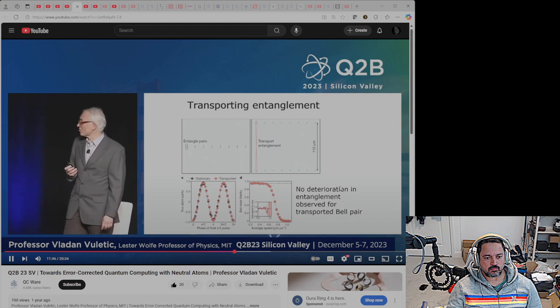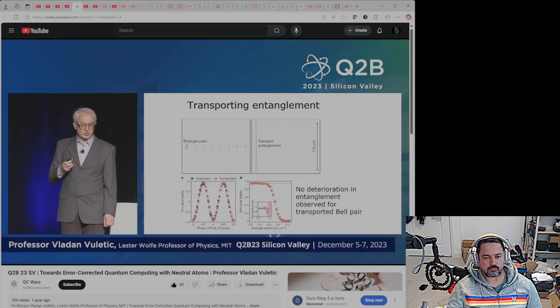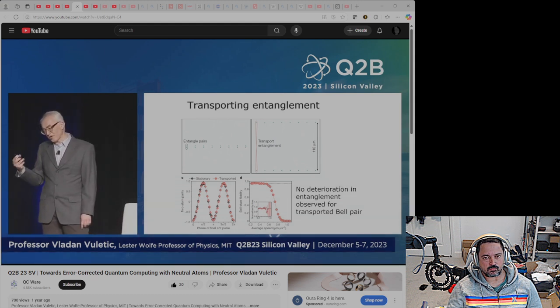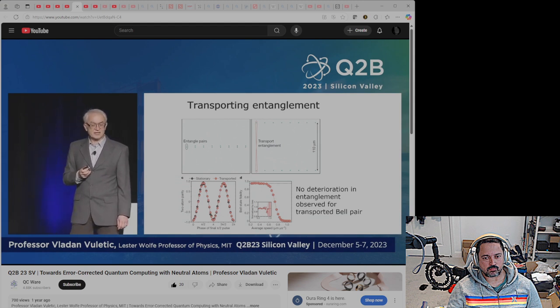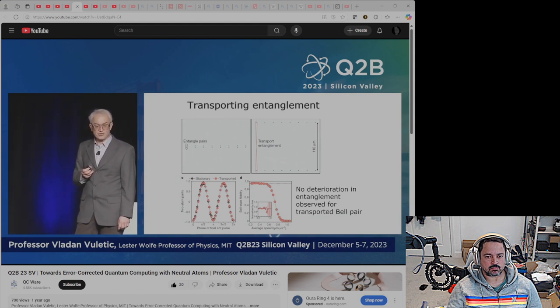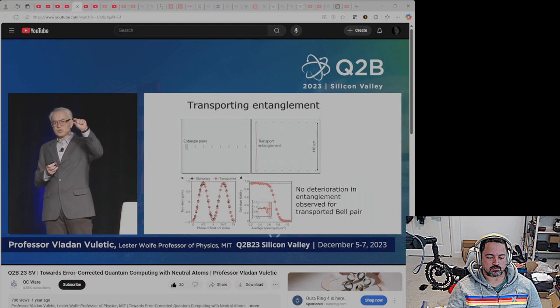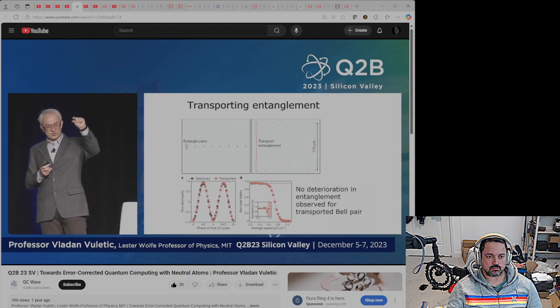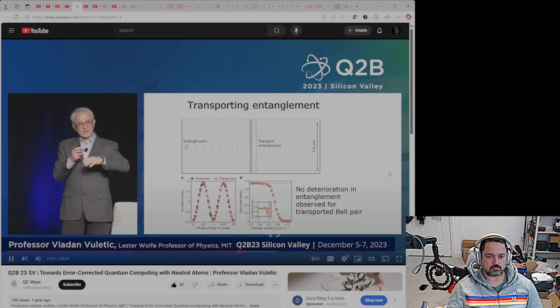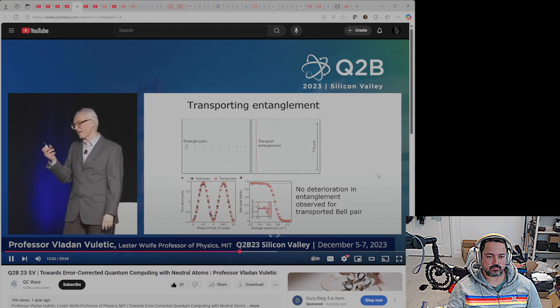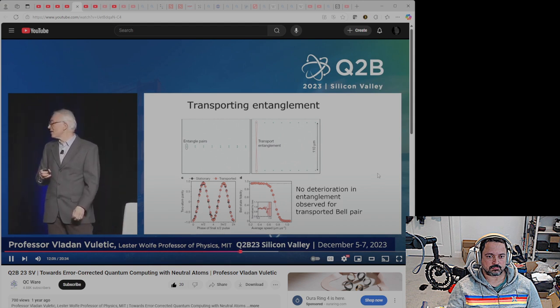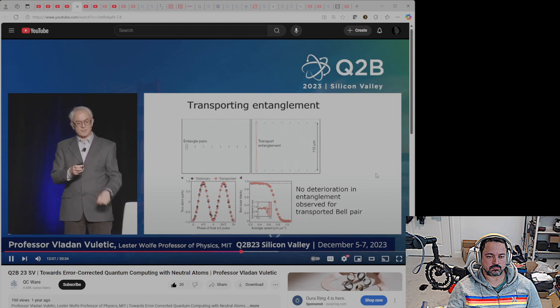Another thing that we tried that turned out to be a very big opportunity in this system is that we entangled pairs, as shown on the left. We brought them close to each other, ran a quantum gate to make an entangled Bell state, and then we transported the atoms over 100 micrometer distances in about 100 microseconds and brought them back.